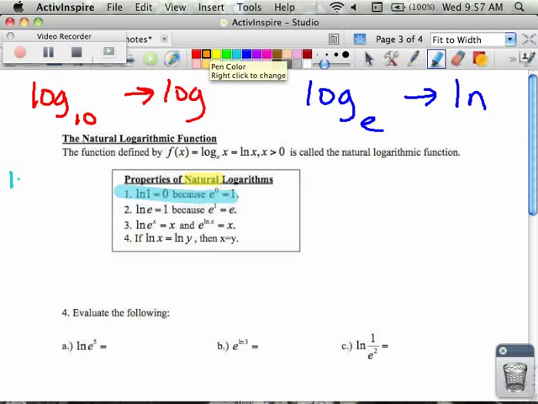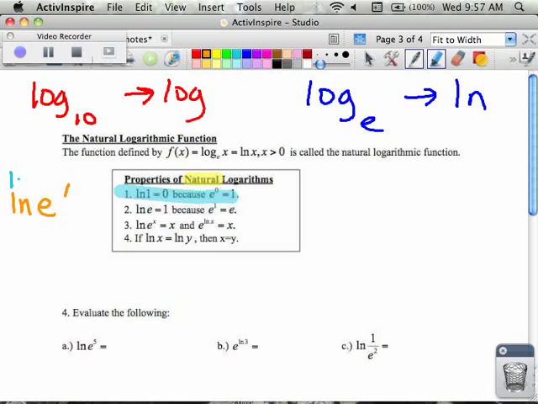What do you know about logs and exponentials? They cancel each other. So if I were to rewrite number 2 as the natural log of e, what's the power on the e? 1.